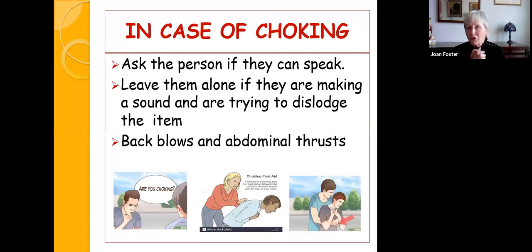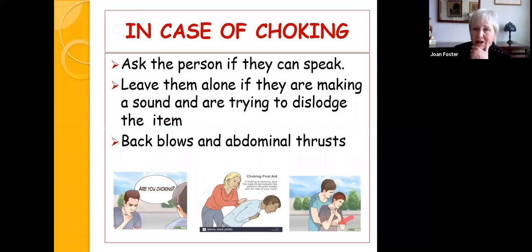But the thing is, what you're trying to do with the back blow and with the abdominal thrust, either standing in front of the person in a wheelchair or getting your arms around the person if you can, is to try and dislodge that piece that is stuck there in their throat.